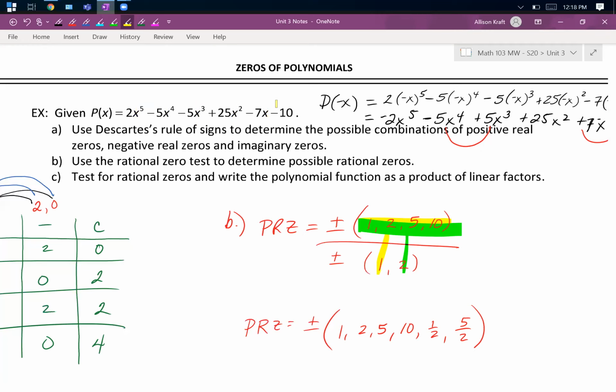So let's add that up. 2 plus -5 plus -5 plus 25 minus 7 minus 10. If we add all those up, let's see what we get here. -10, -7, -5, -5. So that's a minus 27. And then there's a positive 27. So if I add all that together, I get 0.